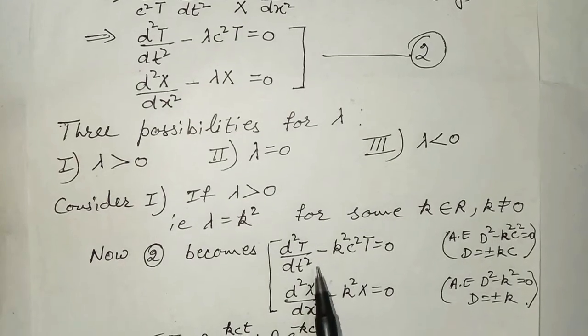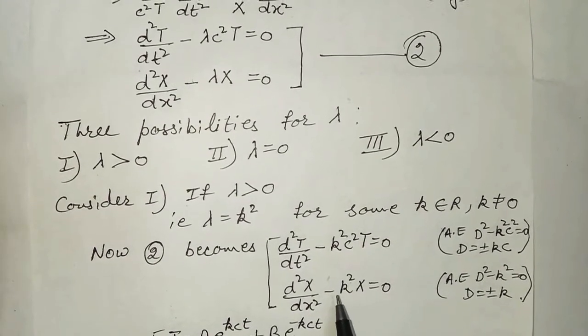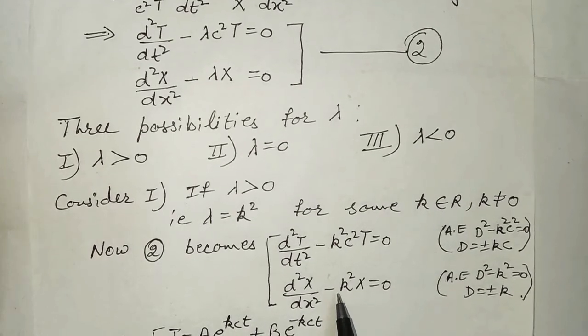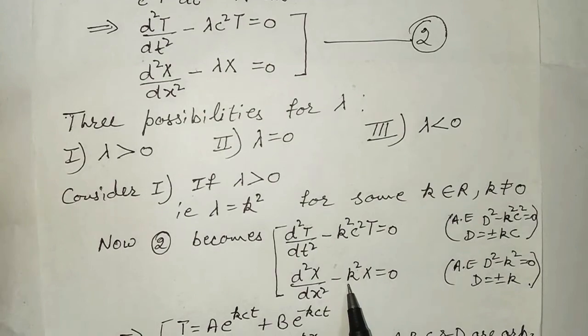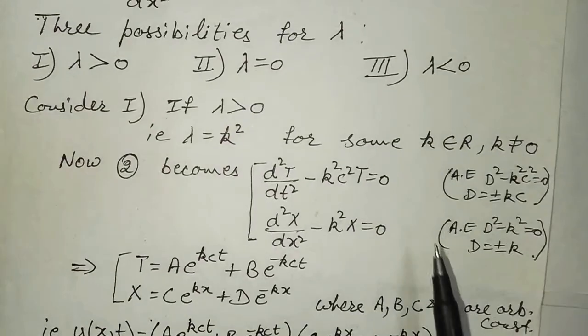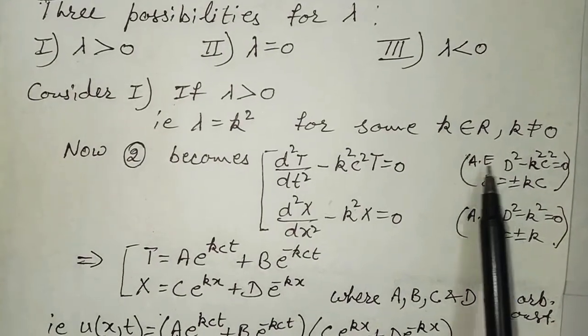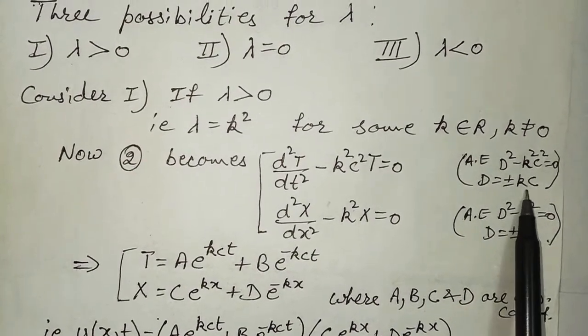Now you can see these two differential equations are linear, in fact ordinary differential equations with constant coefficients. So we write the auxiliary equation for this differential equation. The auxiliary equation is this. So there are two values of d.